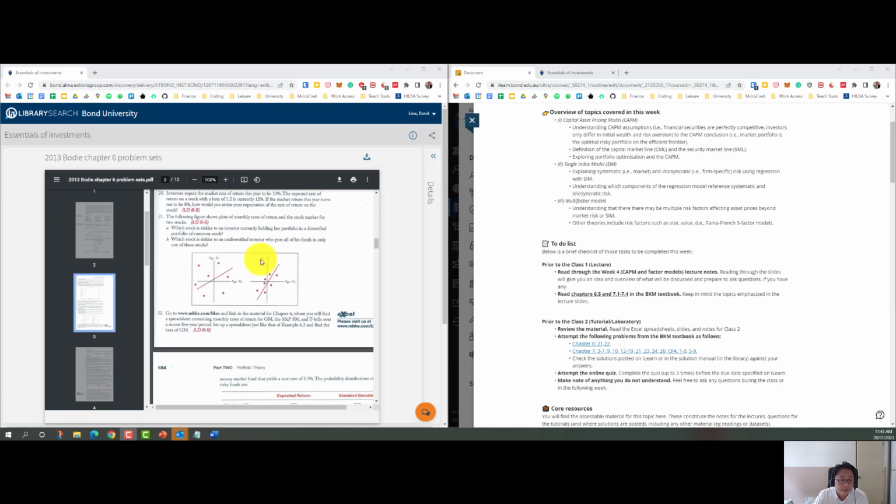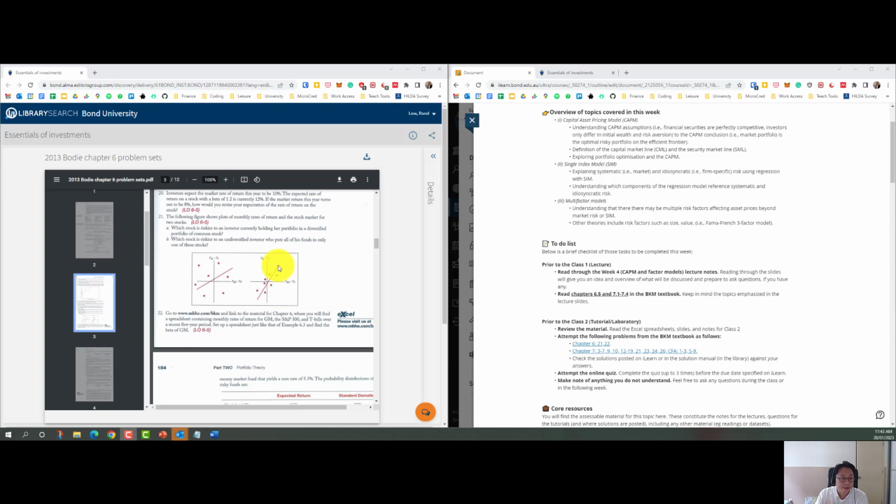Therefore, B is more risky because it's got more systematic risk because the gradient is steeper, so the beta is higher. So which stock is riskier to the investor currently holding a diversified portfolio of common stock? That's going to be stock B, because stock B has higher systematic risk.